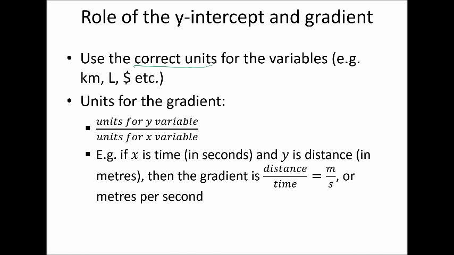And an interesting little thing here is often the gradient in itself is something useful. To figure out what units the gradient is measured in, we use this little formula here. It's the units for the y variable divided by the units for the x variable.